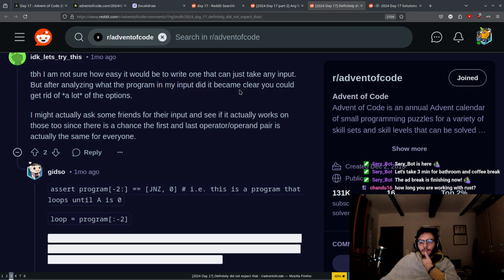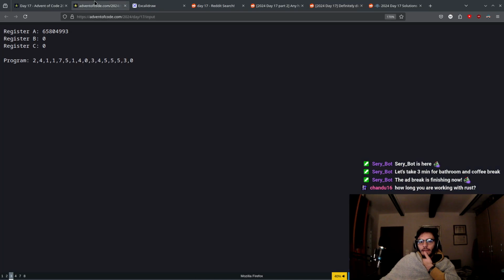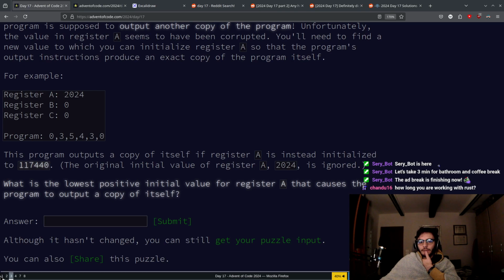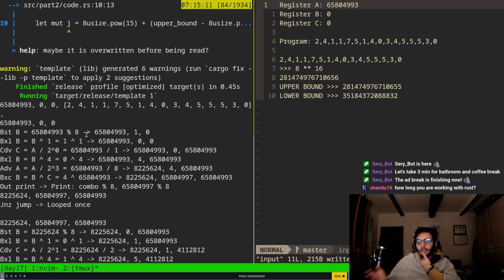How easy it would be to write one and just take any input. Yeah, I think that brute forcing, okay, so it is still a brute force, but it's a brute force where I remove a lot of options. But which options?